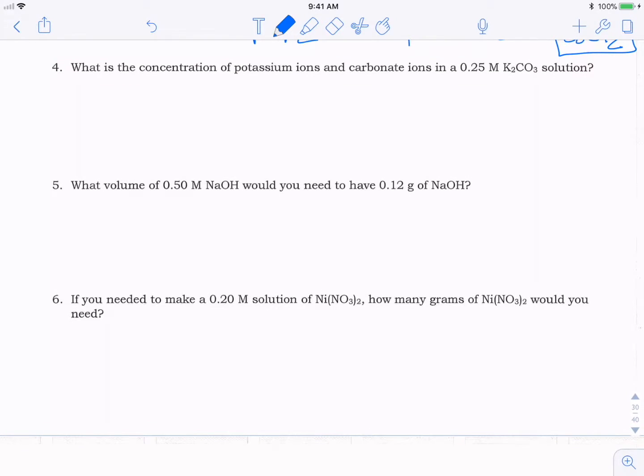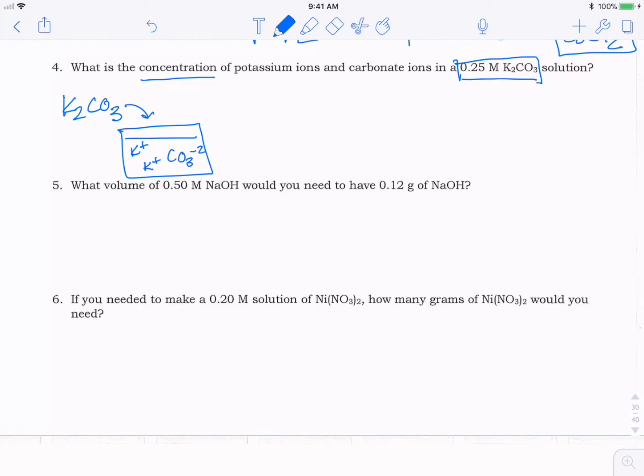Okay, number 4 is a little funky. There's not a whole lot to do here because I already gave you the concentration, but this is like the example from your notes. So if you dump potassium carbonate into water, you have 2 potassiums that fall off and 1 carbonate. So the whole solution, it says, is 0.25 molar.